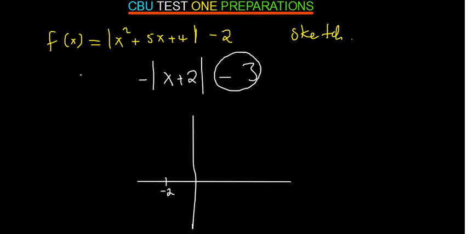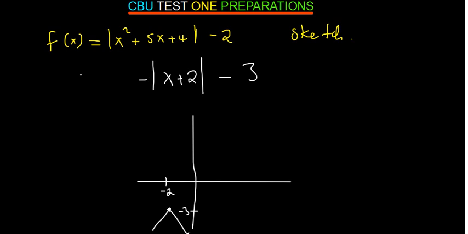So it's going to go at negative 3 in the y direction, so it will start from here. So this is where the function is going to start, at negative 2 comma negative 3. The negative 2 came from equating this to 0, and the negative 3 has come from this one. And then look at the sign in front of the modulus is negative, meaning that the function is going to be going down.